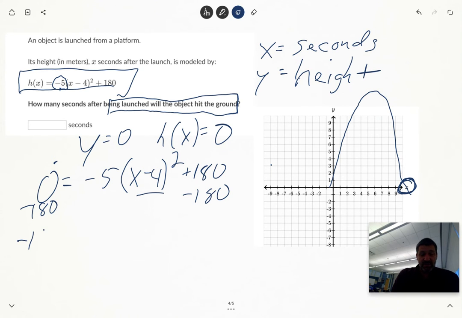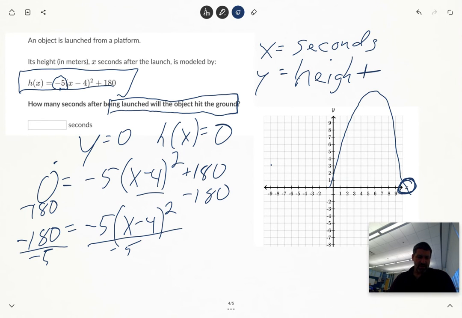That gives us -180 equals -5x plus 20. Oh, whoops, I'm sorry. I forgot about our square. I got ahead of myself. I forgot that this was squared, so I was just simplifying blindly because now we've got to get rid of this -5 here.